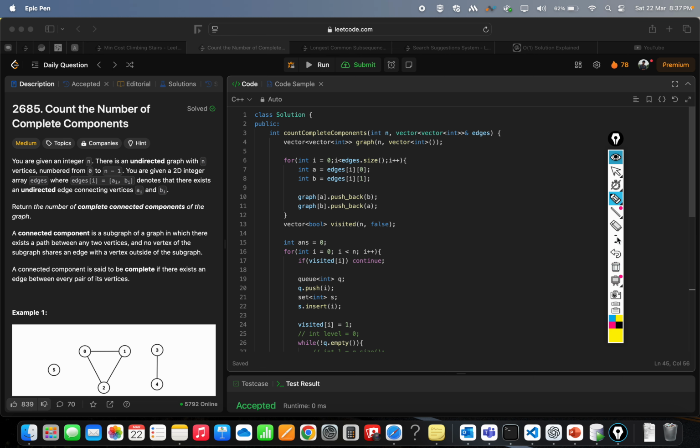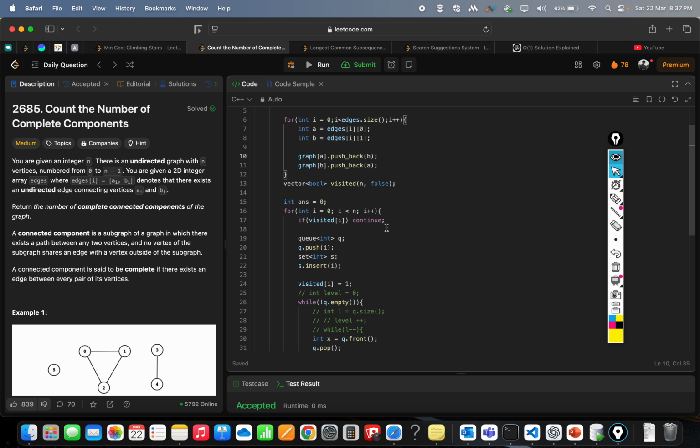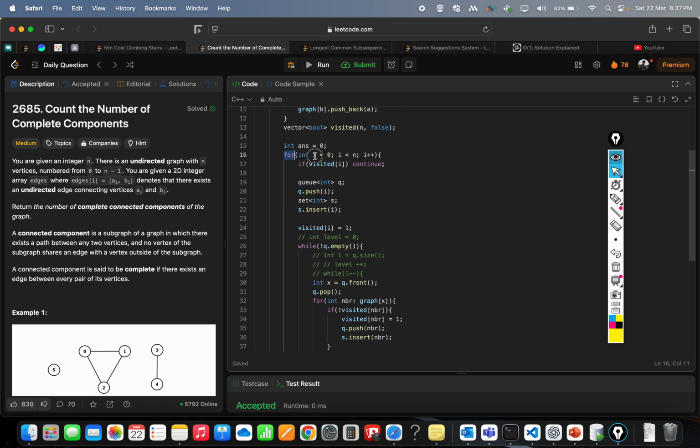So let's see the code. First of all, we are making a graph, which is an adjacency array of the graph. We are putting all the neighbors. So if A and B are sharing an edge, that means A is a neighbor of B, and B is a neighbor of A. Now we are creating a visited array, and then we iterate through all the nodes.